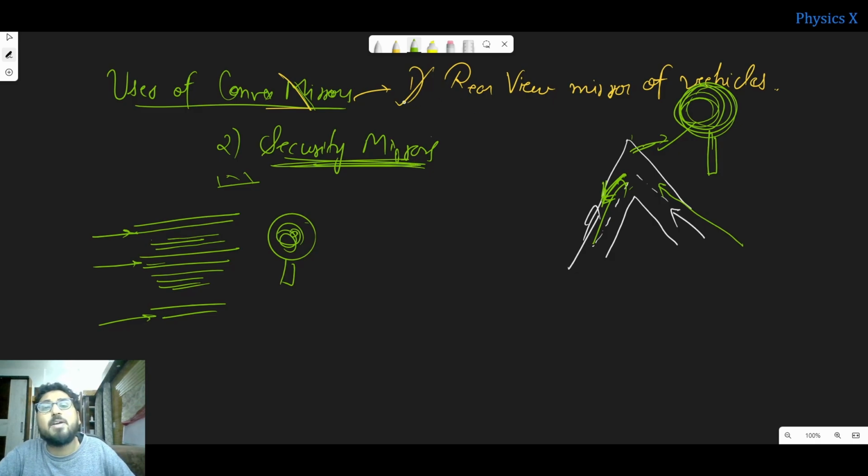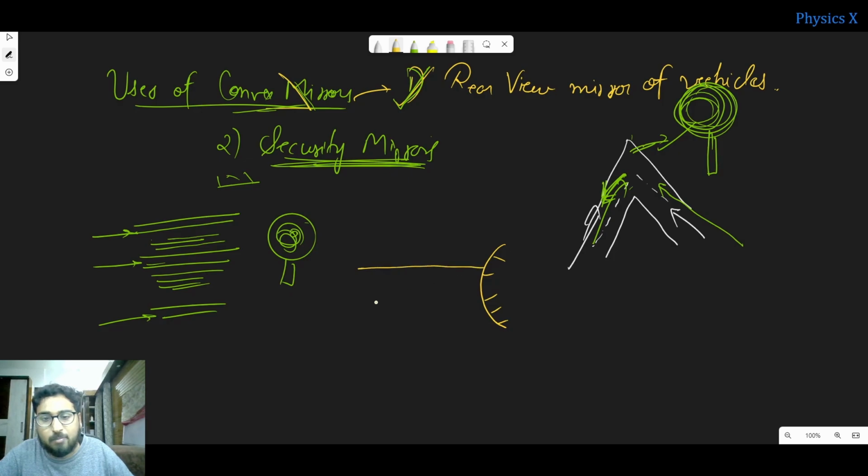So these are the major uses of convex mirror: the rear view mirror of vehicles, and security mirrors. And for general purpose, you can understand that this is a divergent kind of mirror, because in a convex mirror this side is the non-reflecting side and this side is the reflecting side.